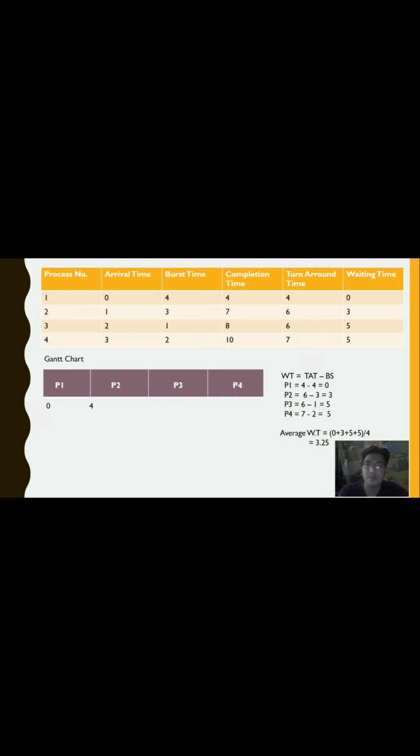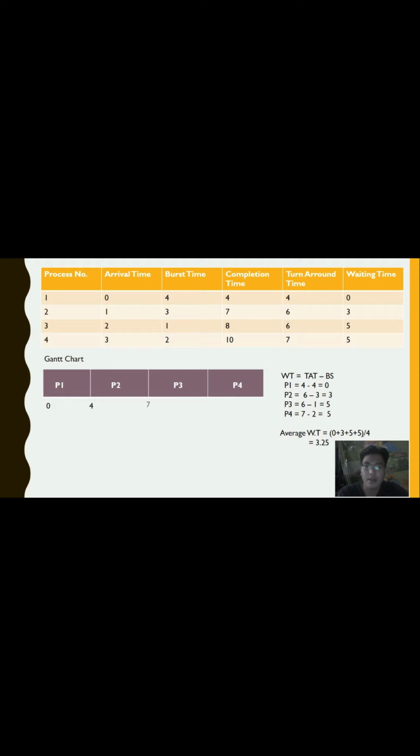In computing the average waiting time, we only have to add the 4 processes, then divide by 4. So 0 plus 3 plus 5 plus 5 is 13, divided by 4 is equal to 3.25.